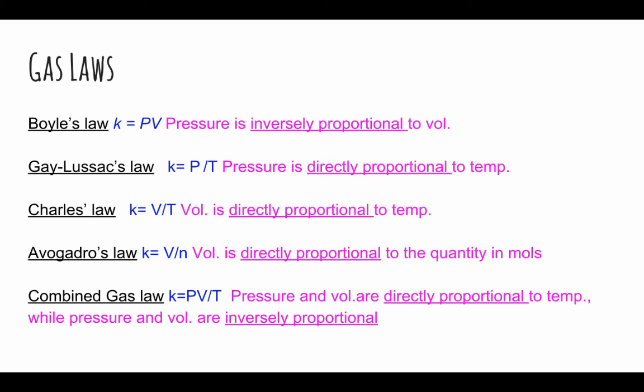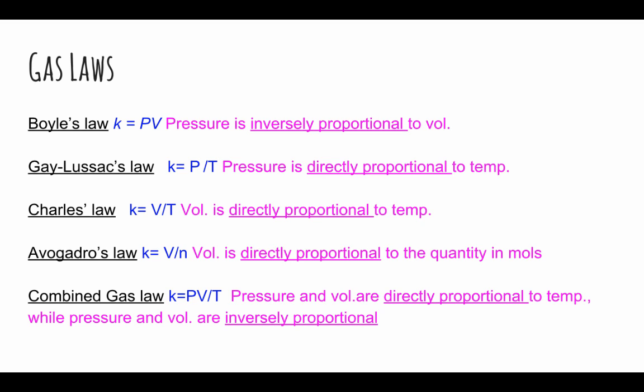So for Gay-Lussac's, proportionality states that pressure and temperature both go up together or both go down together. So K equals pressure divided by temperature. Charles' law, volume divided by temperature. And then Avogadro's law is volume divided by that letter N, which is the number of moles, or the quantity of the substance.